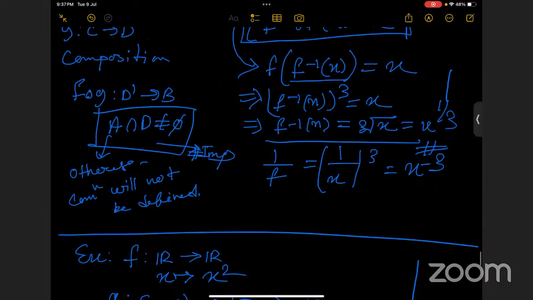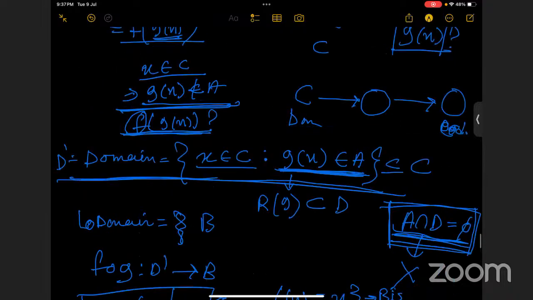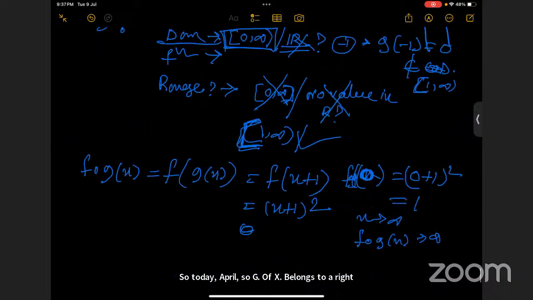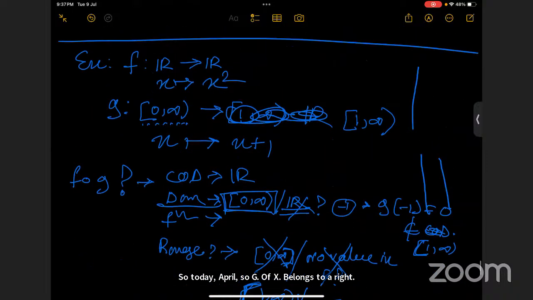Here, what we know from this line, the domain of this function is this: x belongs to C such that g of x belongs to A, right? So first of all, it will be a subset of C, and our C is 0 to infinity.